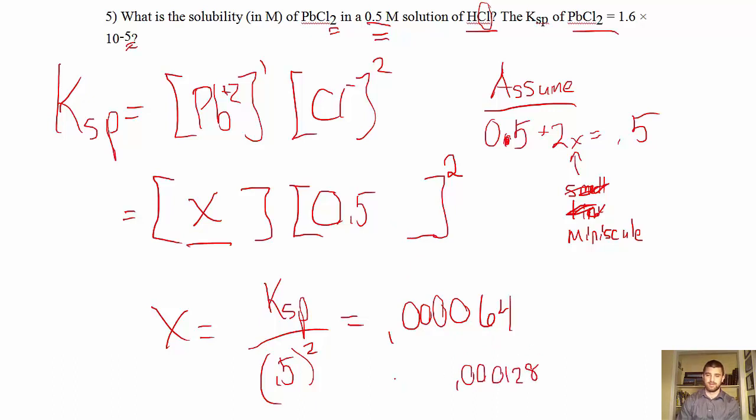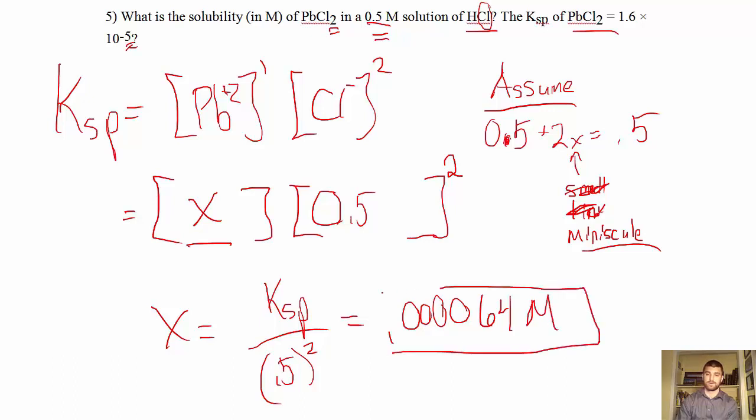Now, if I were to add 0.5 to that, it's going to round to still be 0.5, right? Because by our rules of sig figs and precision, it's going to still be the same number. So our assumption that it was minuscule is a safe assumption to make. We can keep the answer that we get for the solubility of lead. So our final answer is 0.000064 molar, right?